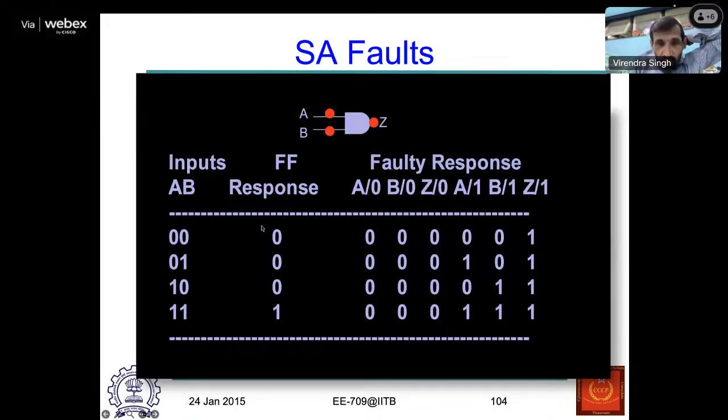So if I apply the input 0 0, it can detect only this fault.